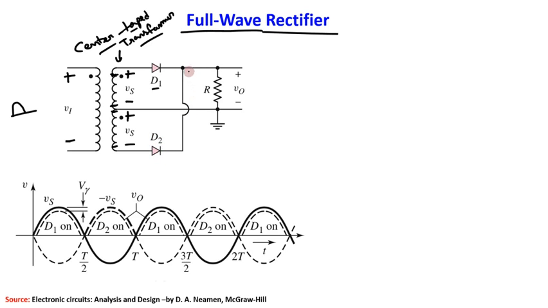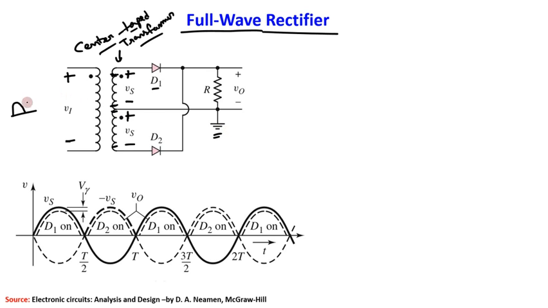These two are connected together here, and one resistance, the output or load resistance, is connected from the output of D1 and D2 to the center tap position. As this is the center tap, you can see this is Vs, this is Vs, so obviously this is the ground potential, which has also been indicated here. Fine. Now let us see what is happening.